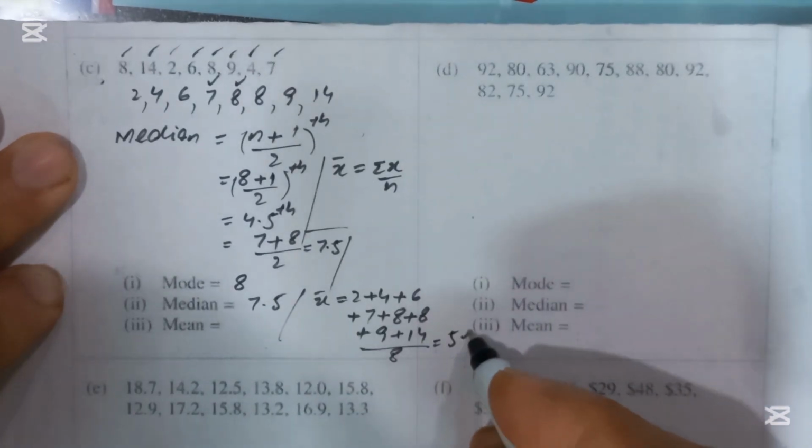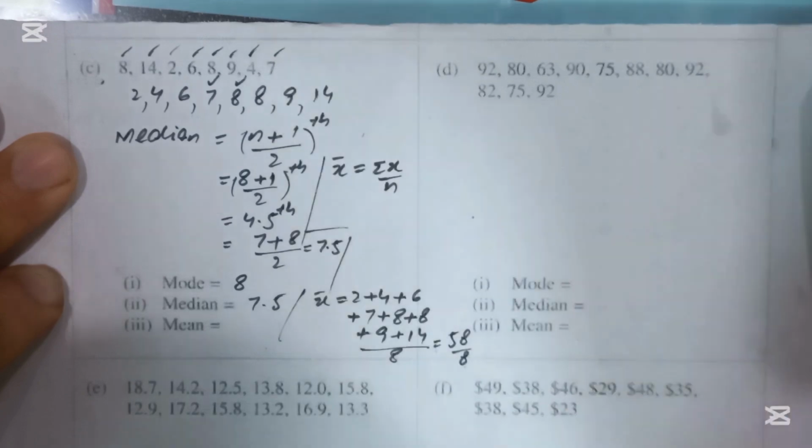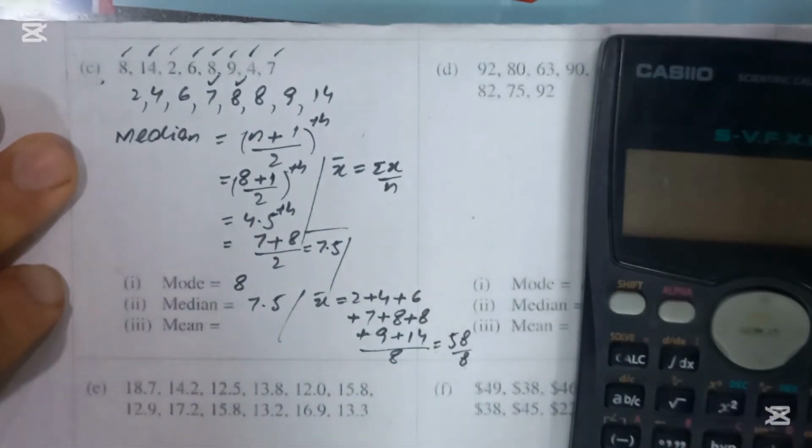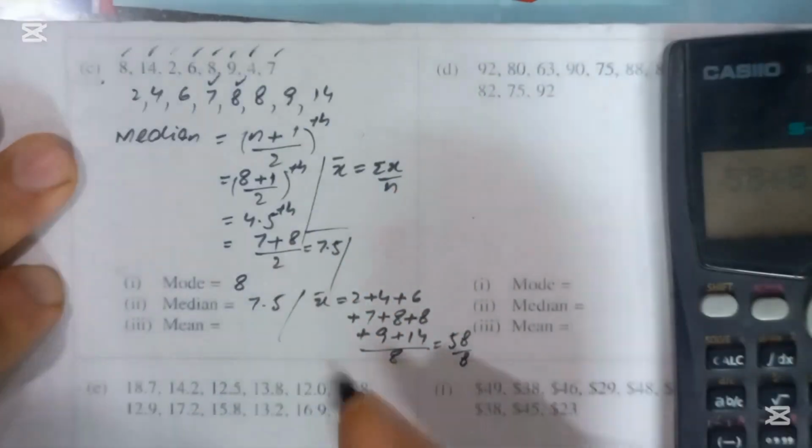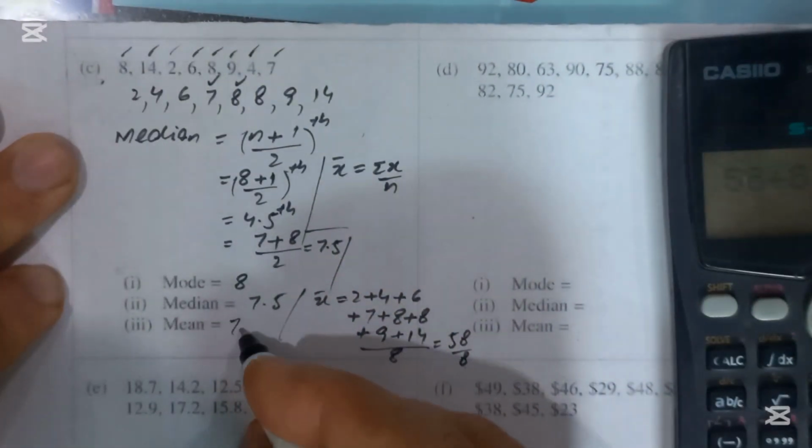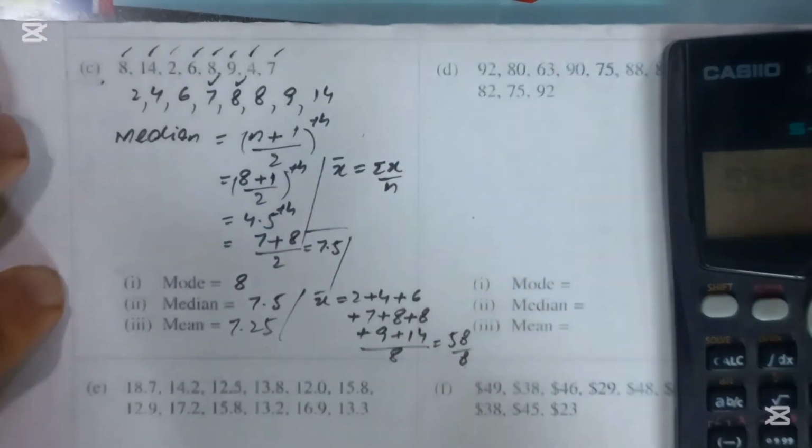So 58 by 8, and finally we will solve it on the calculator. 58 by 8 is 7.25. So this is the answer.